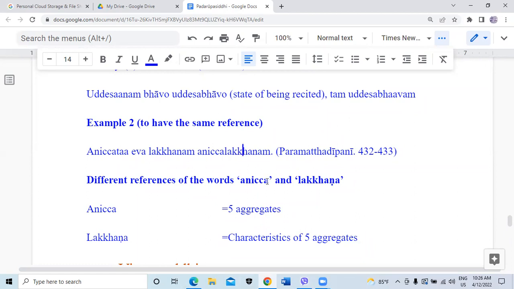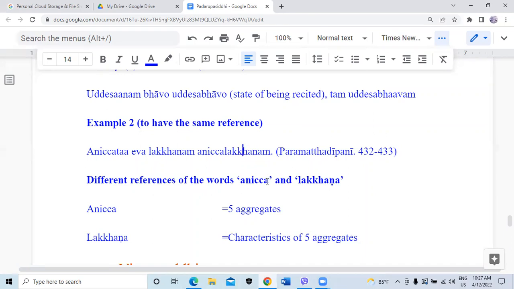You see, Kammadhāraya samāsa and Taddhita samāsa also can be used as adjective, okay, sometimes. You see, for example, Abrāhmaṇa, okay.